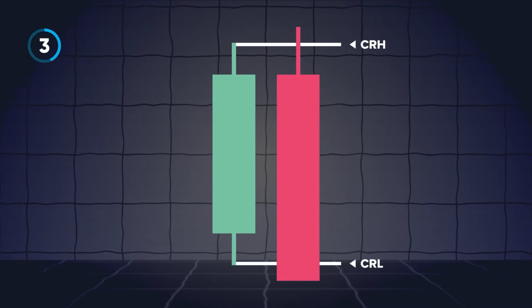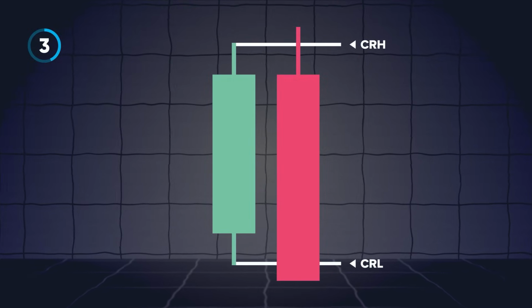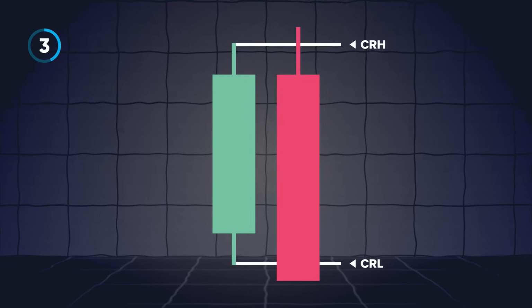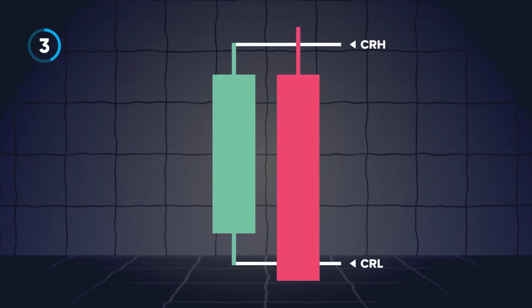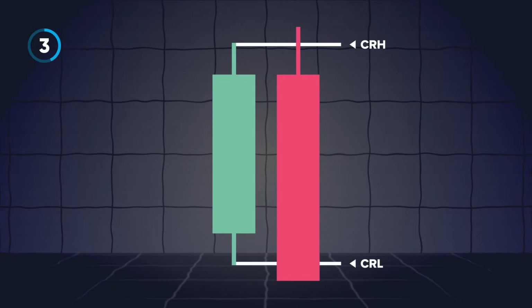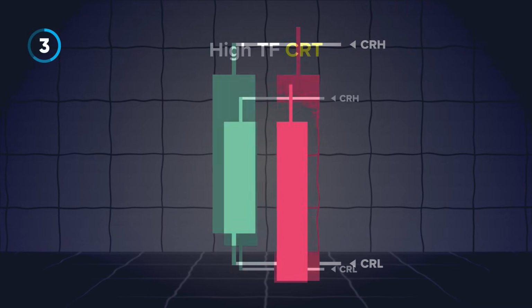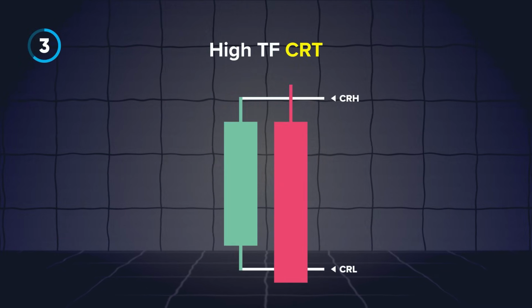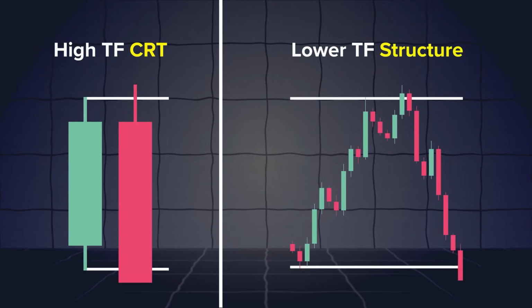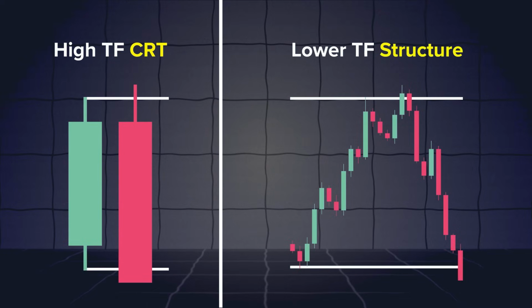But simply watching this on the daily chart doesn't reveal enough, because while it shows where the candle opens and closes, it doesn't provide the detailed market structure required to justify executing a trade. This is why it's crucial to remember that the higher time frame is only used to define the candle's high and low. Then we drop to a lower time frame, where we can actually break down the structure to determine whether a valid setup exists.